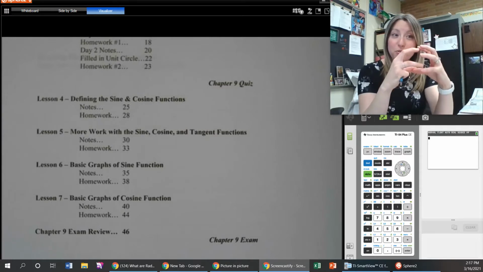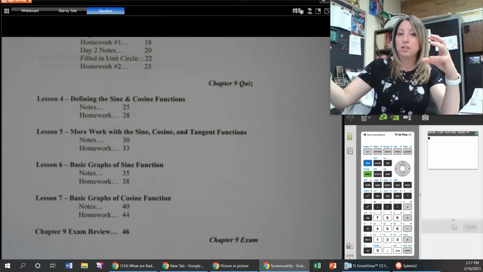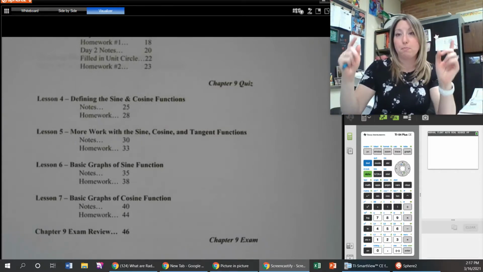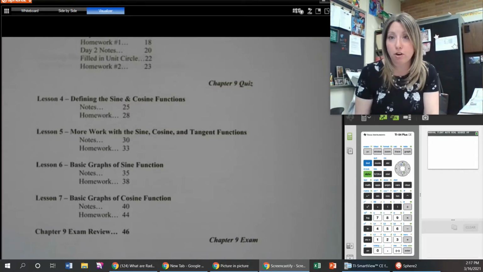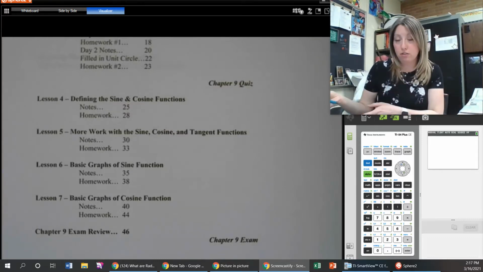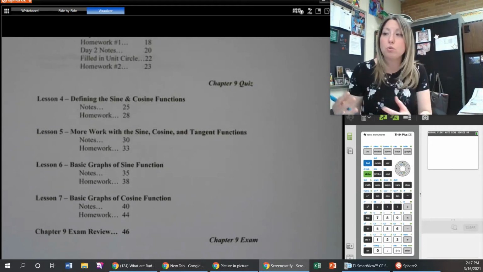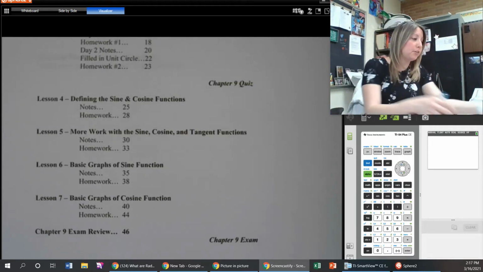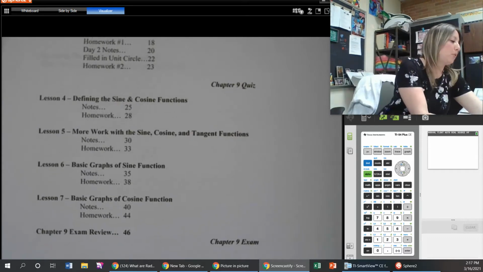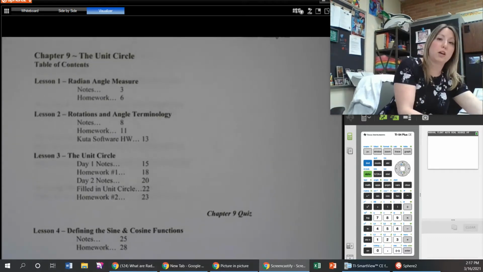Then we're going to take that unit circle and stretch it apart. That's what creates the basic sine and cosine function graphs. That will lead us to Chapter 10. So this is how we want to go slowly into the real higher level trig work that we've been building towards.